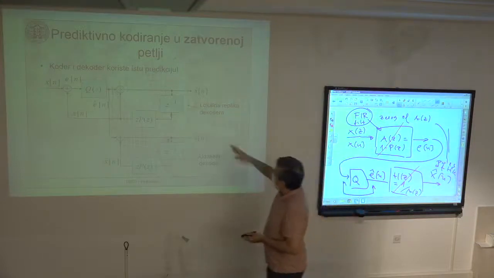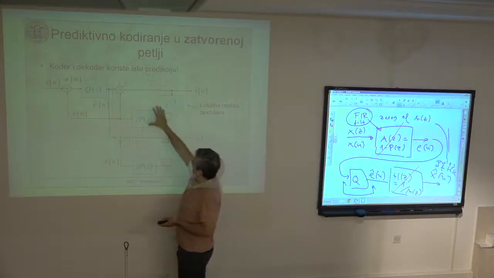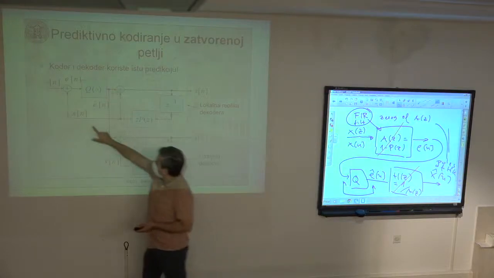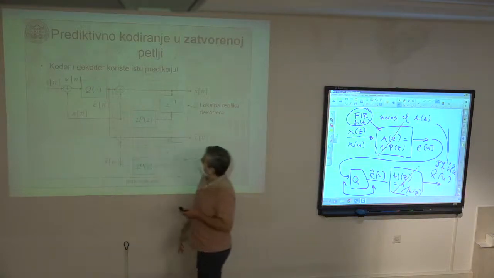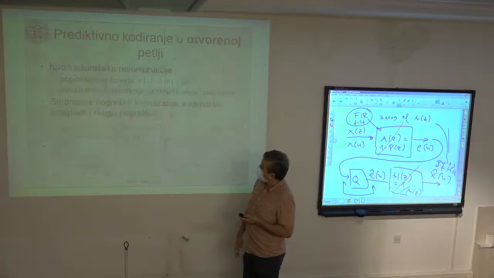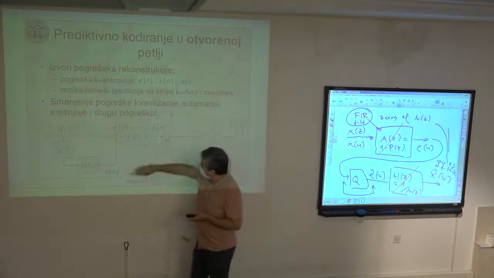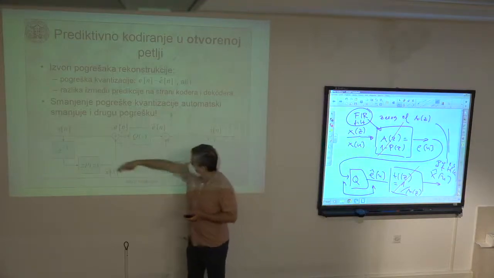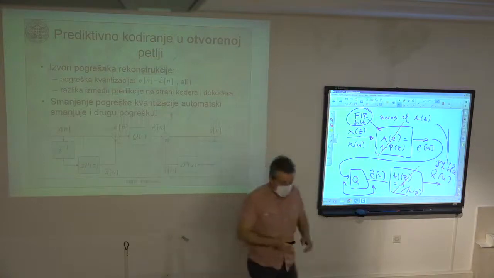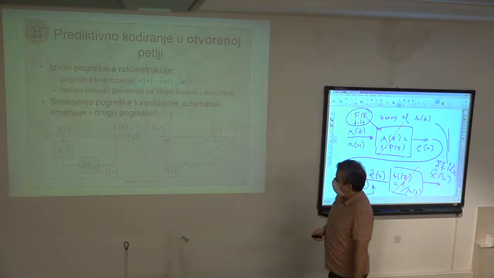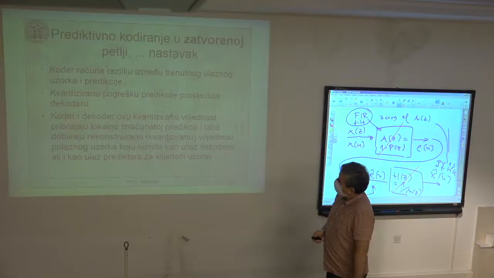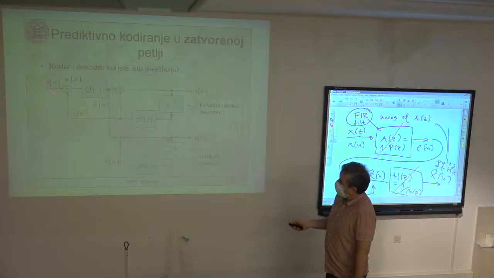And then, since both encoder and decoder have the same prediction, now I don't have the error that was present here. So this error, due to the difference between two different predictions, is now zero, because both predictions are the same.